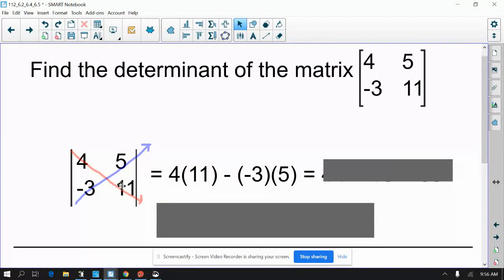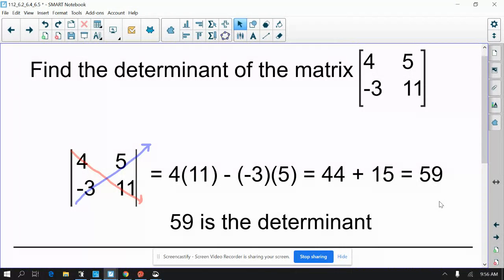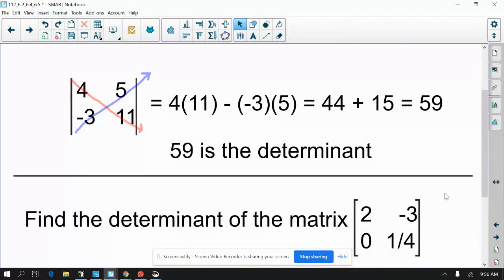So 44 minus -15. Be careful with subtraction. It causes lots of problems for good students. So 44 minus -15 is really 44 plus 15. So we get the real number 59. 59 is the determinant.